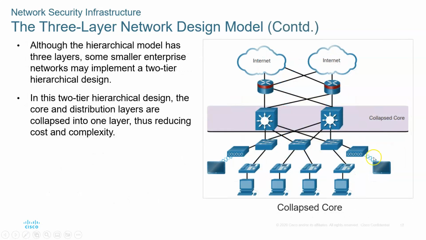Now, if you have a smaller network, you can have a collapsed core, where you don't have to have the core layer. You can have one distribution layer that goes directly to the access layer. Most networks are designed this way.